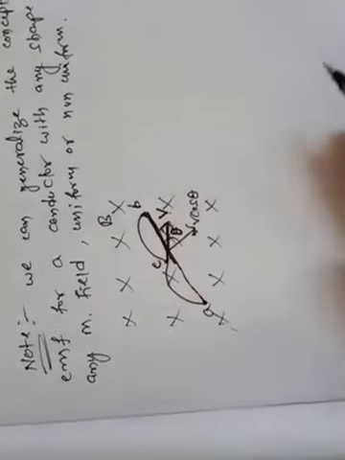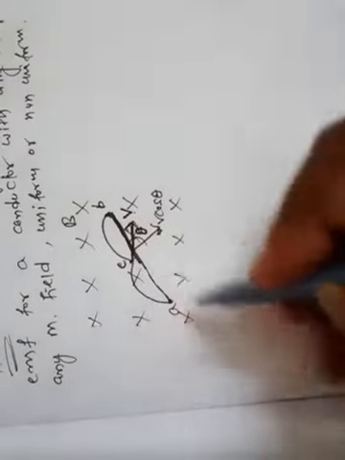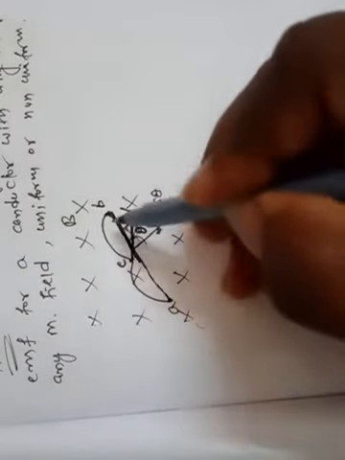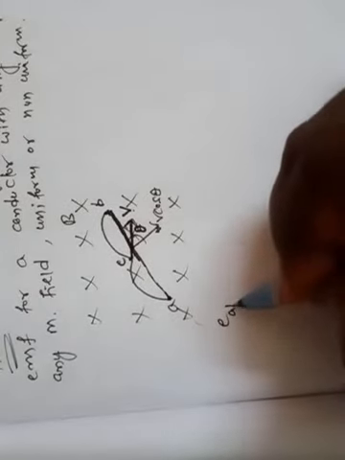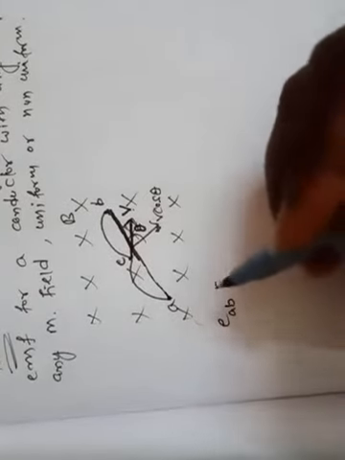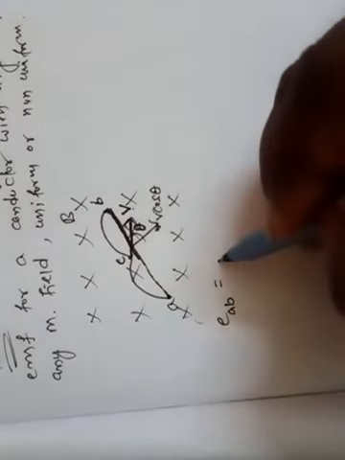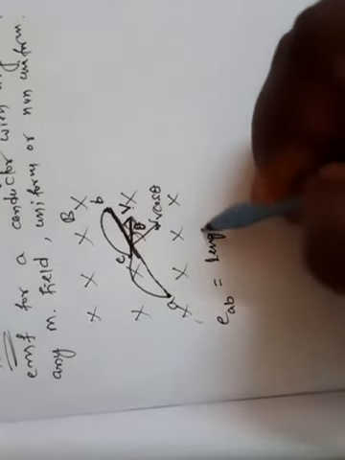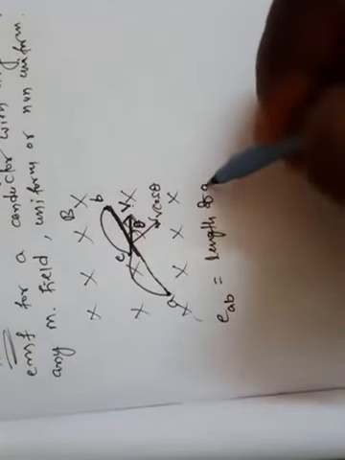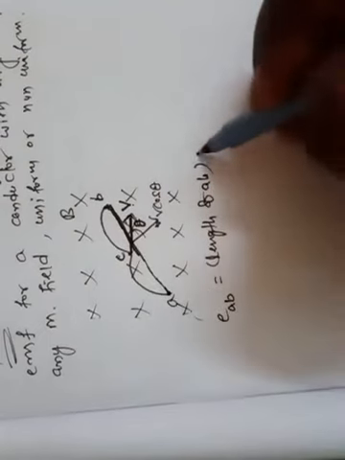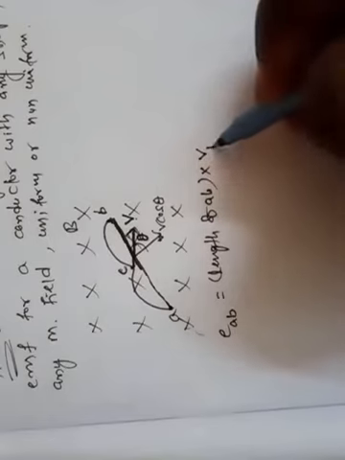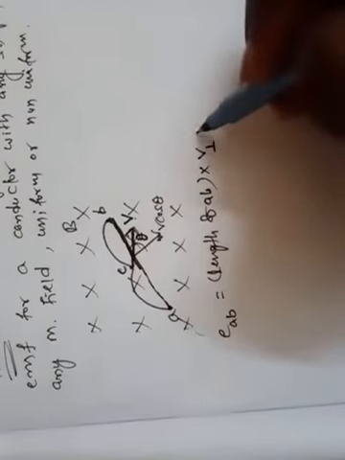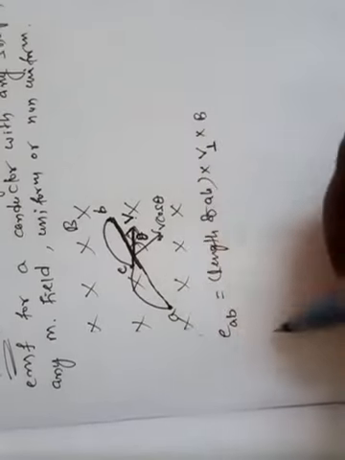So in this case we can find the induced EMF between A and B. EMF is produced between A and B. Directly we can write the effective length of AB into the perpendicular component of velocity and the magnetic field.